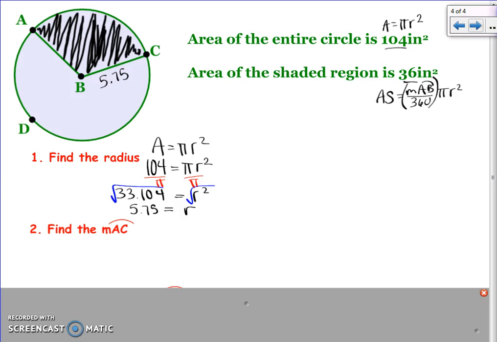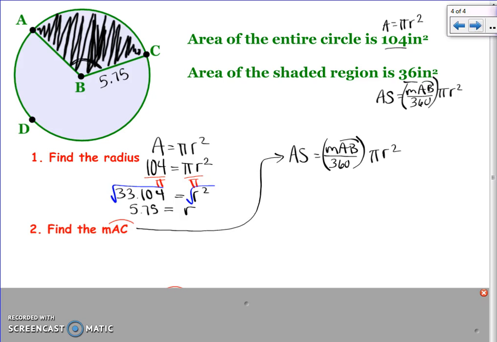Find the angle measure, the measure of AC. So now we want to know how many degrees is right here. Well, which formula would tell us that? The top one or the bottom one? The bottom one, okay? So we'll start there. There's not a lot of room here, so I'm going to move it over here. So we've got area of the sector, pi r squared.